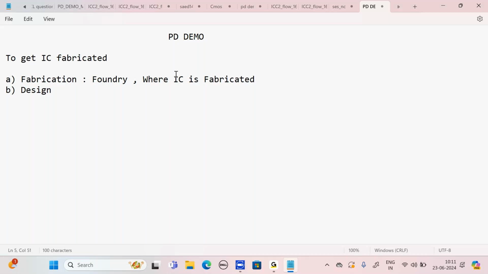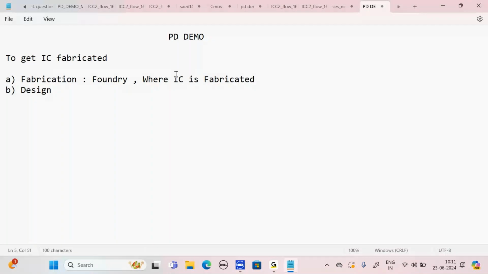Why? Because to implement a foundry, there is a huge investment required. So minimum more than 500 crores has to be invested to open one foundry, and the foundry should be very neat and clean. It should be 100 times or 1,000 times cleaner than your ICU, right?